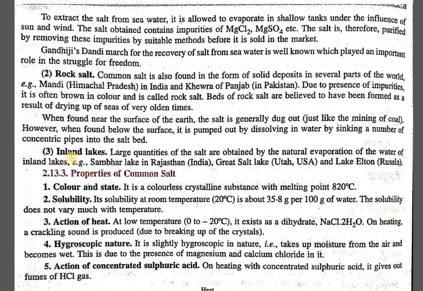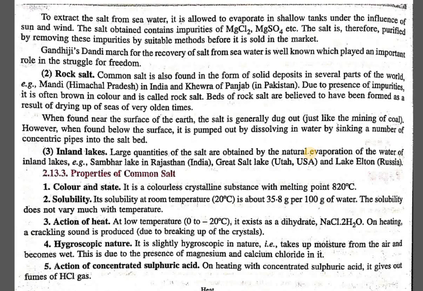Now, the third source we find here is the inland lakes. Large quantities of salts are obtained by the natural evaporation of water in inland lakes. For example, Sambar Lake in Rajasthan, Great Salt Lake in Utah, USA, and Lake Elton in Russia. So, when the water in inland lakes evaporates naturally, it leads to the formation of large quantities of salt.